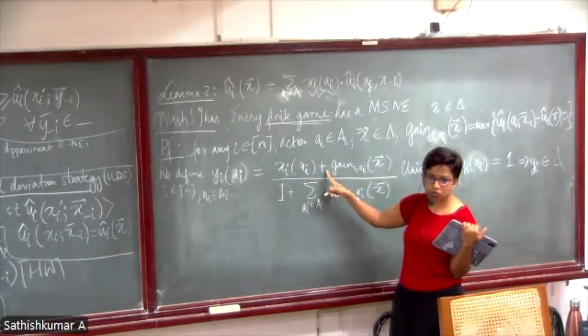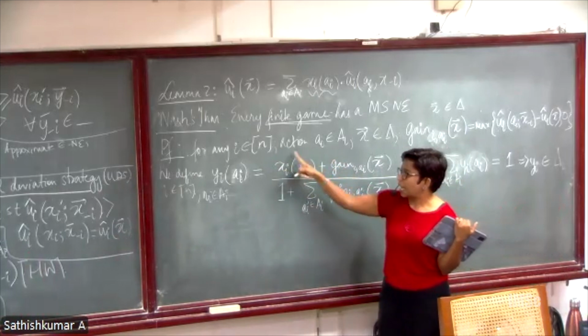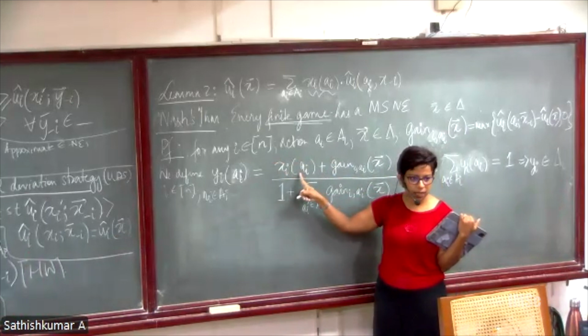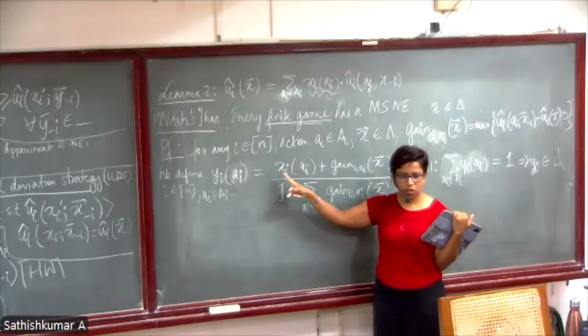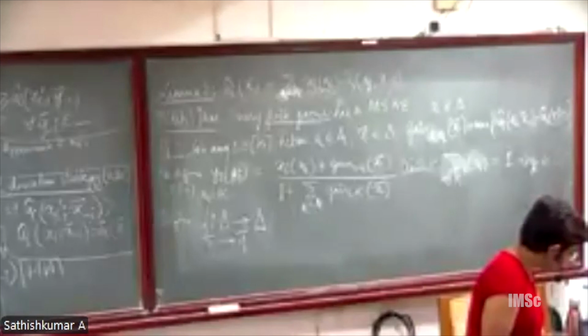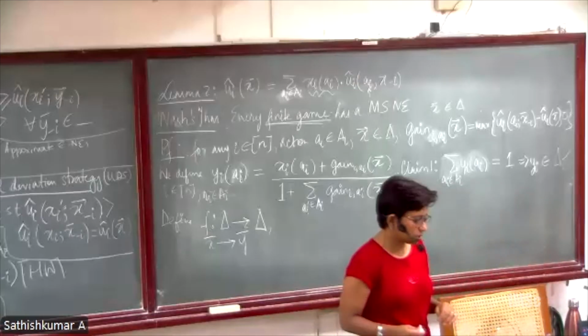The summation also distributes over this gain quantity. xi is already a probability distribution, so the summation of xi ai running over all the actions in the action space of i will already give you 1.